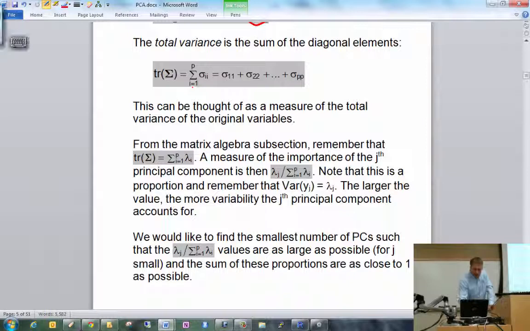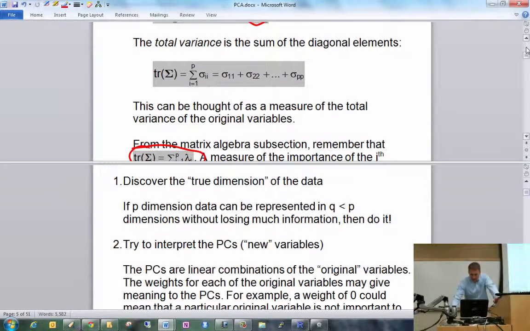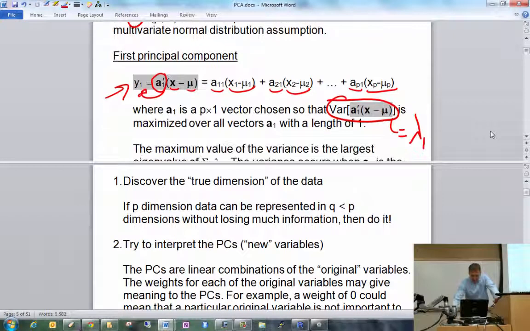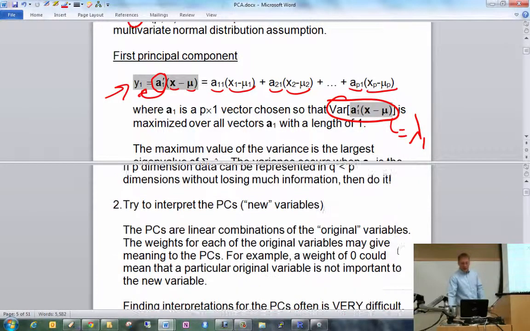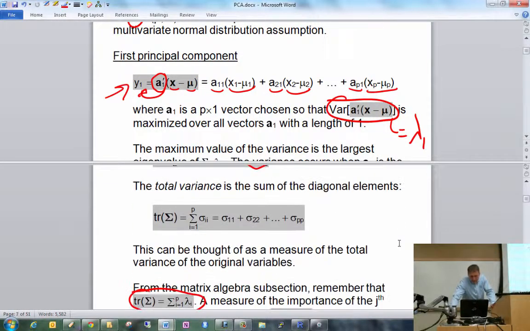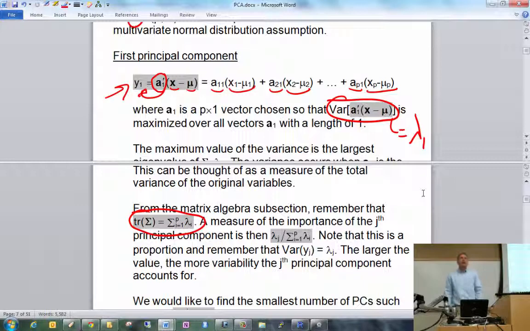So, from our matrix algebra section, we learned this nice relationship. That is, the trace of a matrix ends up being the sum of the eigenvalues. You remember the role that the eigenvalues play here. So lambda 1 is the variance of the first principal component.